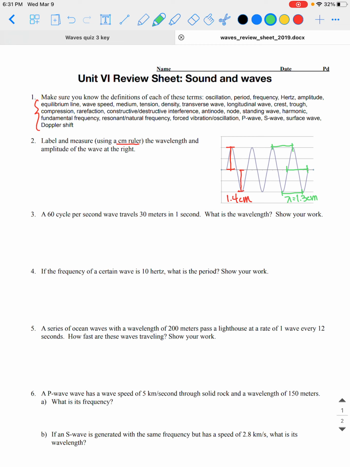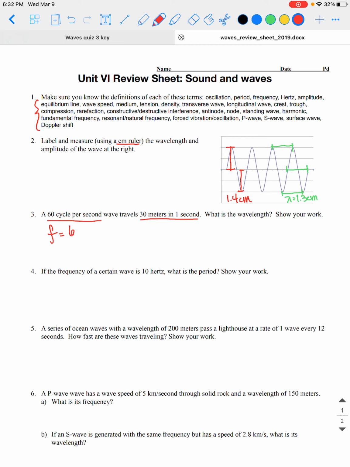In the next question, you've got 60 cycles per second, and it travels 30 meters in 1 second. So what is the wavelength? Well, a cycle per second is the definition of frequency, and it is the number of times a wave passes, or a cycle repeats, or it oscillates per 1 second of time.